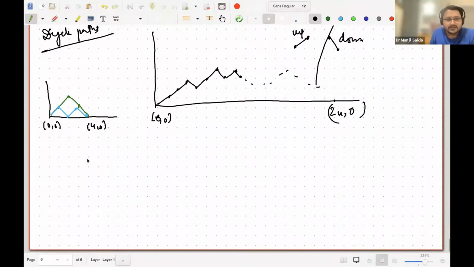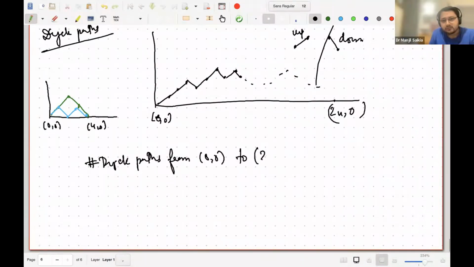And what I'm saying is the number of Dyck paths from 0, 0 to 2n, 0 is equal to Cn plus 1. This is the Catalan number. And to show this, I can just prove that the number of Dyck paths satisfy the Catalan recurrence.